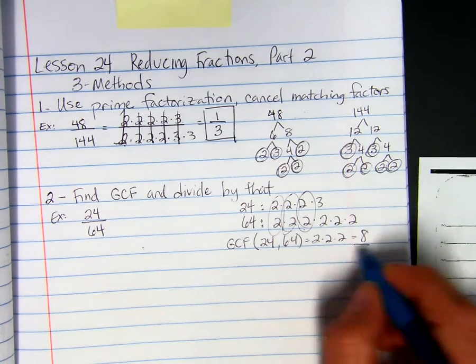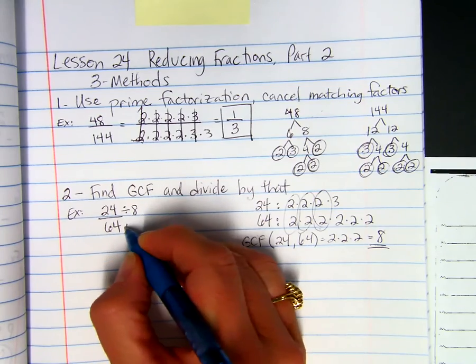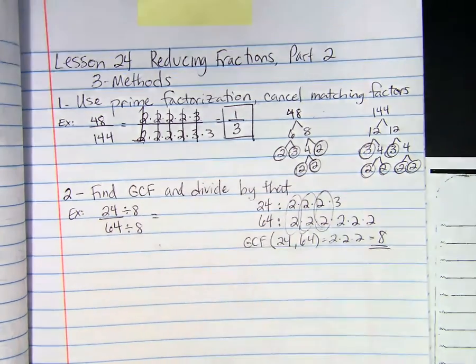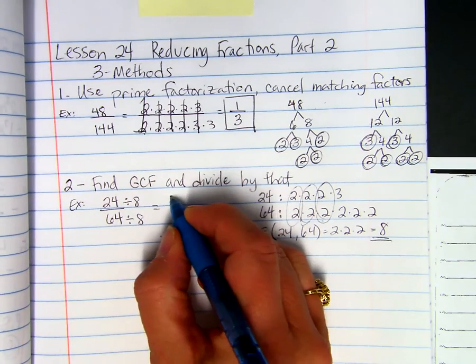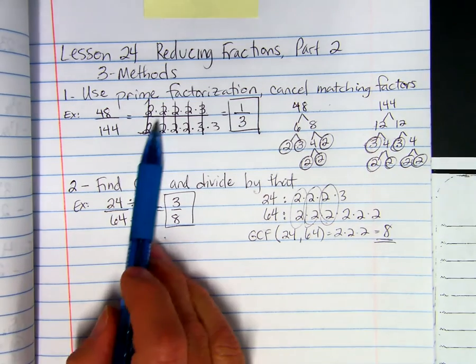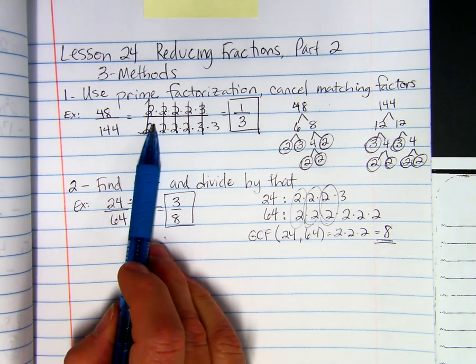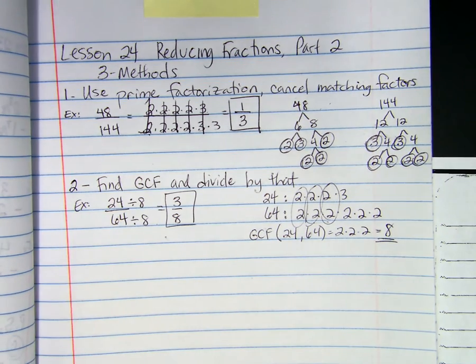So once you find that, you can divide each of the numerator and the denominator by 8. And then it will reduce completely down to 3/8. Personally, I like this way better, and that's the way the lesson's teaching it, but this is another way you can do it.